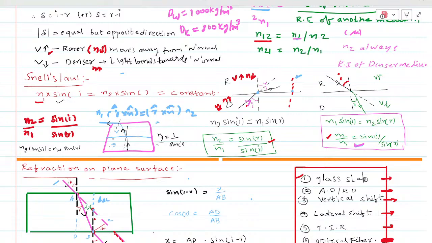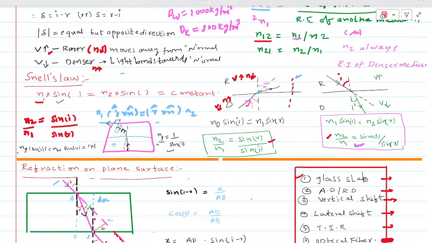This is equation 1. And again here, this angle is also R. Therefore, nw into sin R is equal to 1 into 1. Therefore, Ng is equal to 1 by sin A.